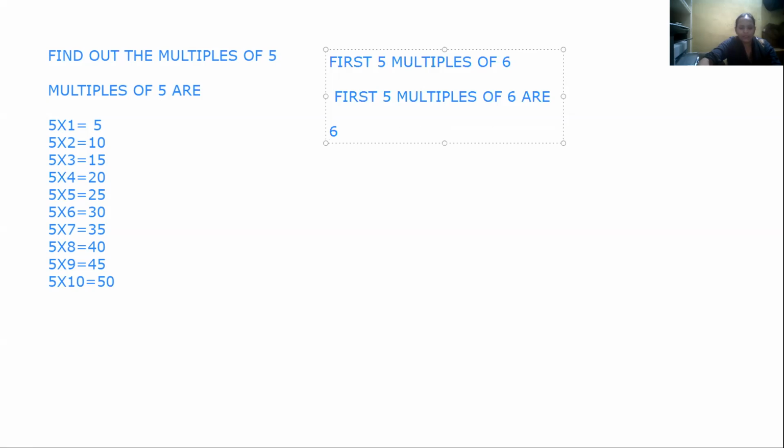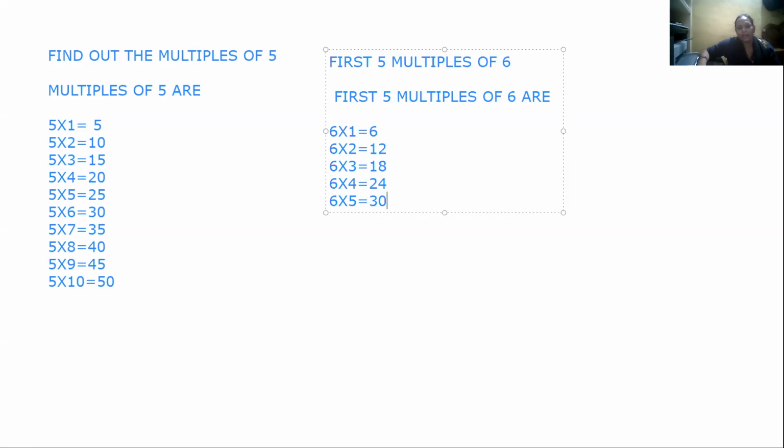Very simple. Let's start multiplying 6 by 1. So 6 ones are 6. When 6 is multiplied by 2, you get 12. 6 multiplied by 3 is equal to 18. 6 multiplied by 4 is equal to 24. 6 multiplied by 5 is equal to 30.